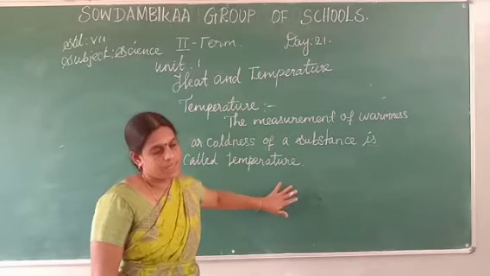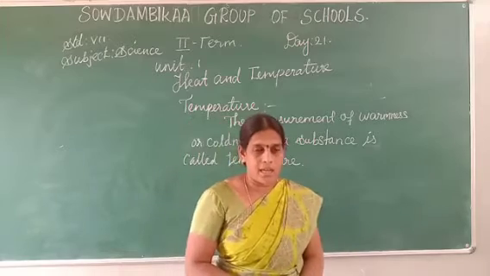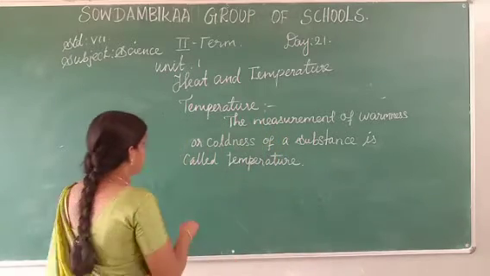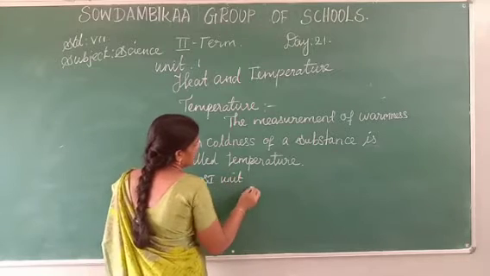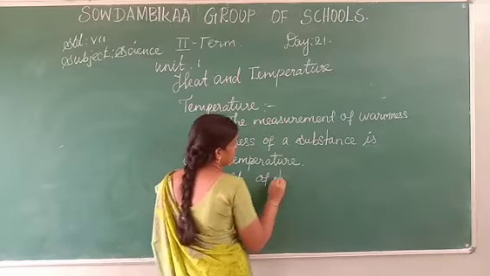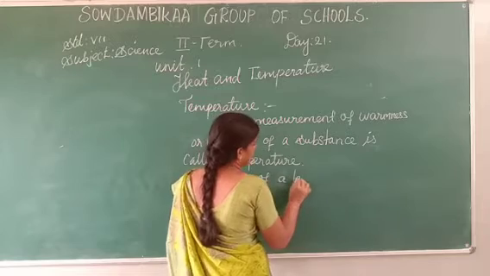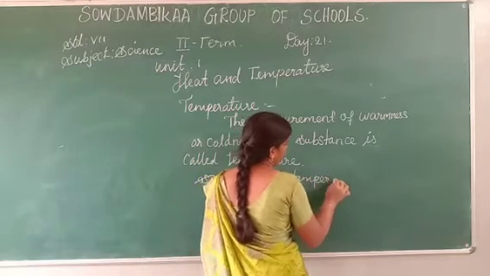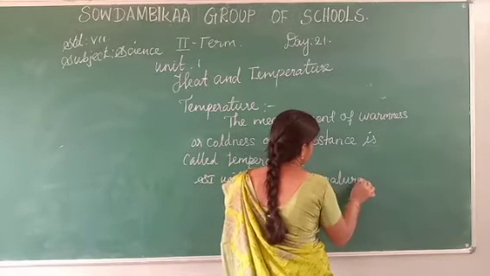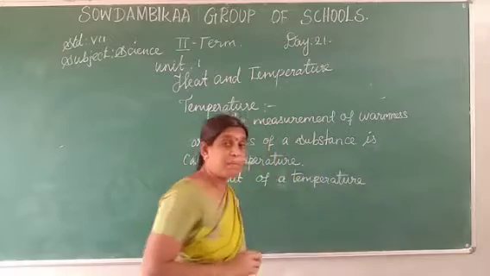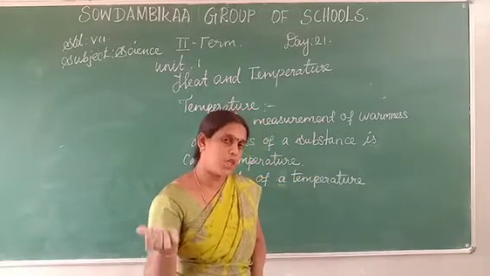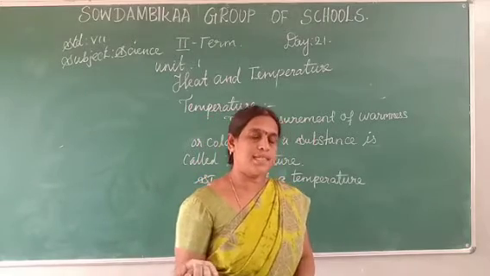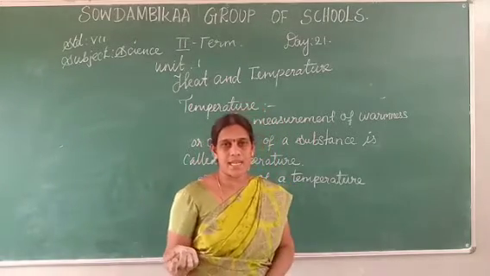Next is the SI unit of temperature. What is the SI unit of temperature? The SI unit of temperature is Kelvin. There are 7 fundamental quantities: length, mass, time, amount of substance, luminous intensity, temperature and electric current.